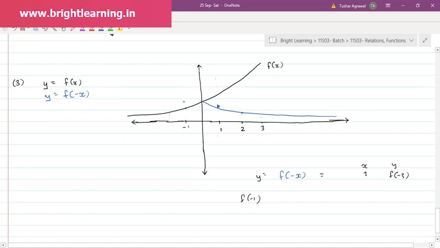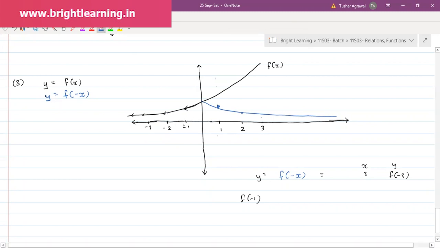Actually, how we were going in the direction of -1, -2, -3, for the blue line you are going in 1, 2, 3, 4, 5.